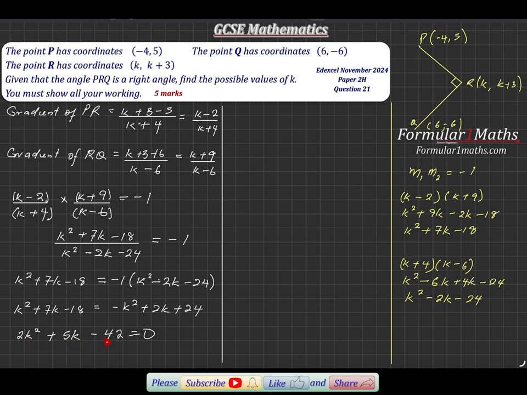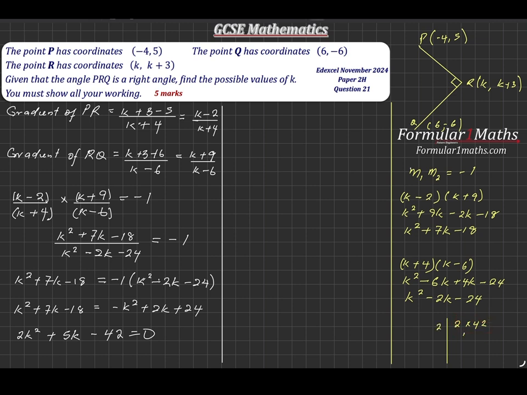So now I need to factorize this quadratic equation. I need to get two factors that will multiply to give me 2 times minus 42 and add to give me 5. So if I do my small calculation, I have 2 times 42. 2 goes into 42 21 times.